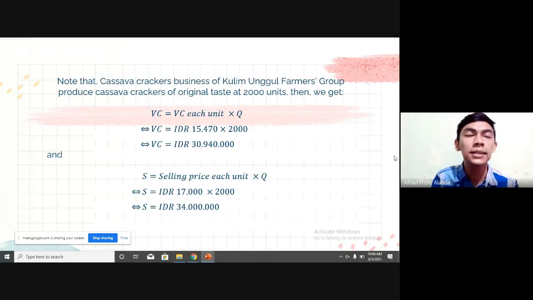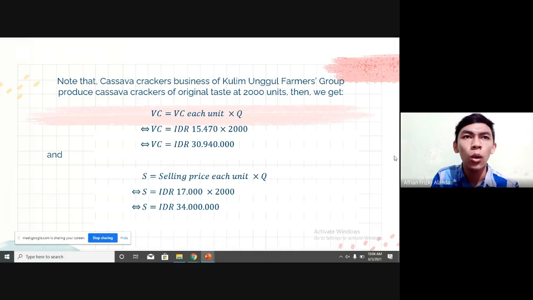Okay, the next, note that cassava crackers business of Kulim Unggul Farmers Group produce cassava crackers of original taste at 2,000 units. And then we get the variable cost of 2,000 units is equal to PC, variable cost each unit, times Q. Q here is the products that are produced by Kulim Unggul Farmers Group.